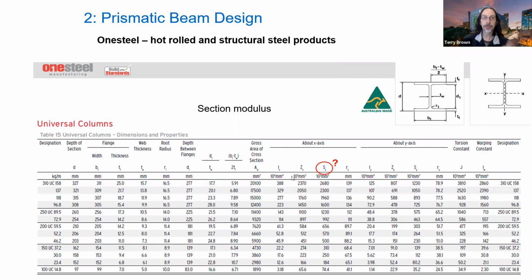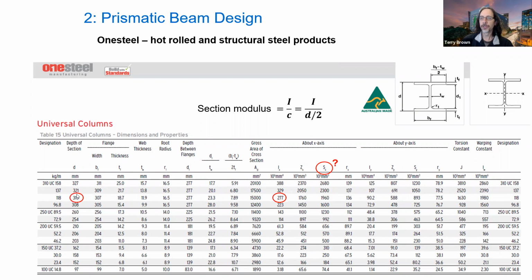In my notes, which I took from the textbook, we're looking for the section modulus, which is denoted capital S, about the x-axis. We saw that the section modulus is I over c, and in this case c will be d over 2.